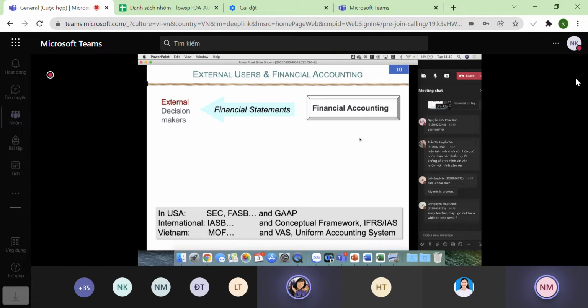So the accounting that provides that kind of information, we call financial accounting, kế toán tài chính. And it prepares financial statements to provide financial information to the external user.